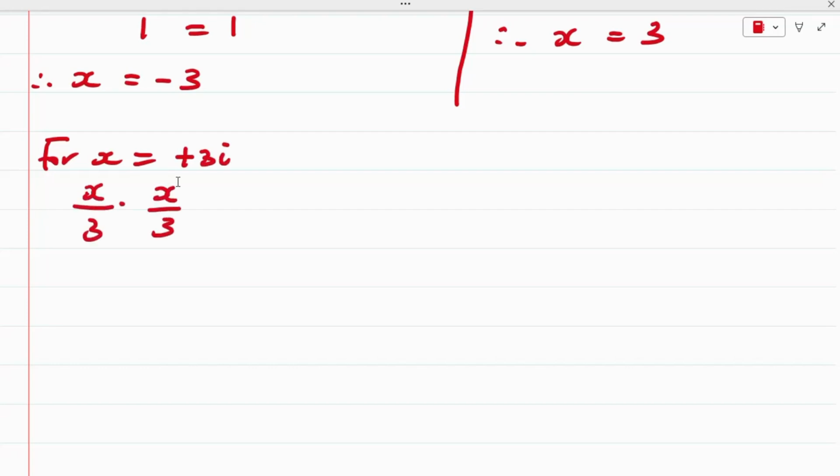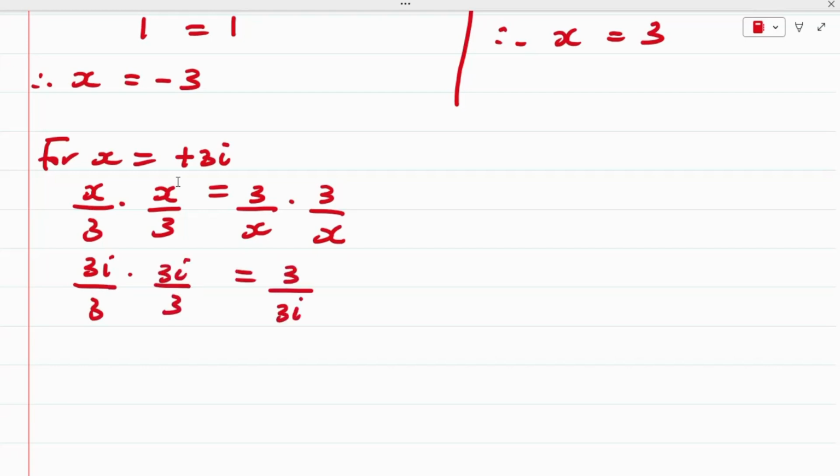3. So for x equals plus 3i, the equation is x divided by 3 multiplied by x divided by 3 is equal to 3 divided by x multiplied by 3 divided by x. So we have 3i divided by 3 multiplied by 3i divided by 3 is equal to 3 over 3i multiplied by 3 over 3i.